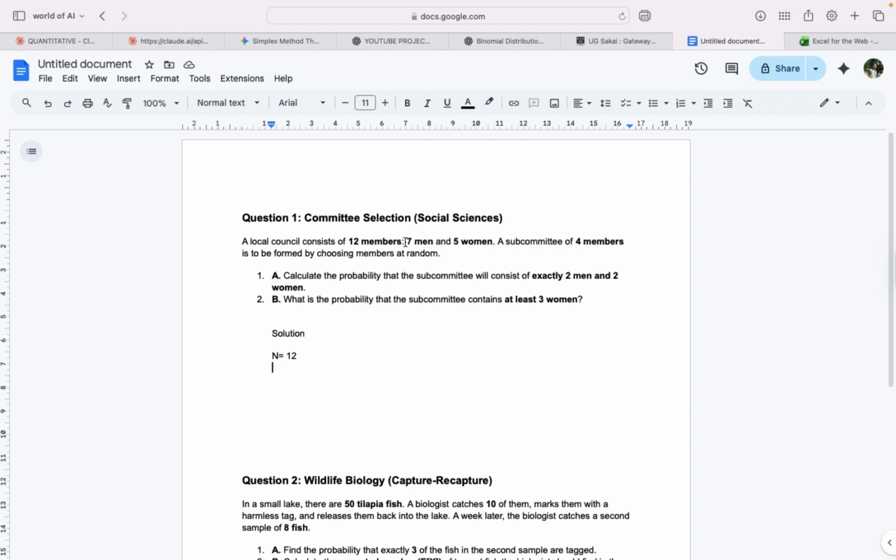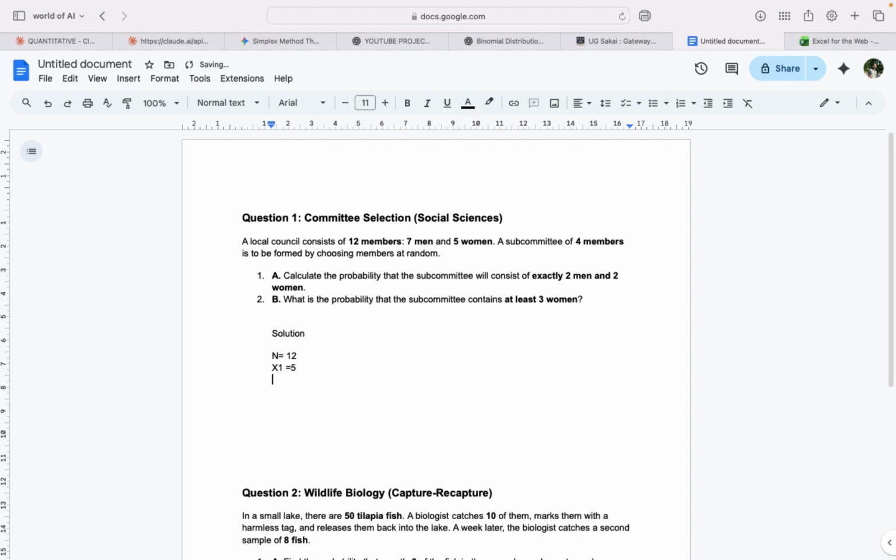So the men and the women represent the big S. Let me write S1 for women, and there are 5 women. Let me write S2 for men, and there are 7, right?